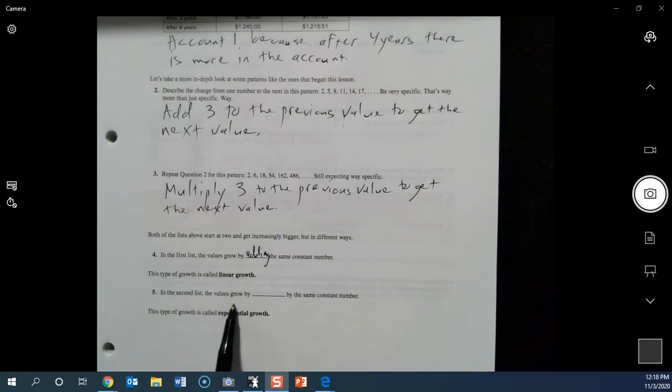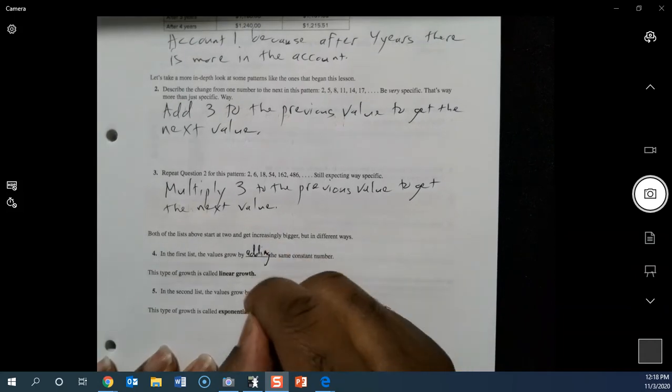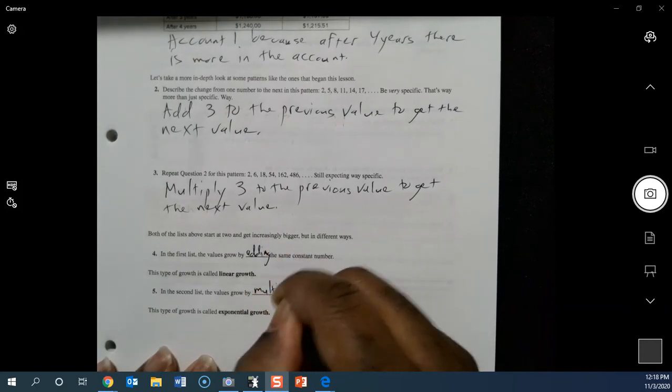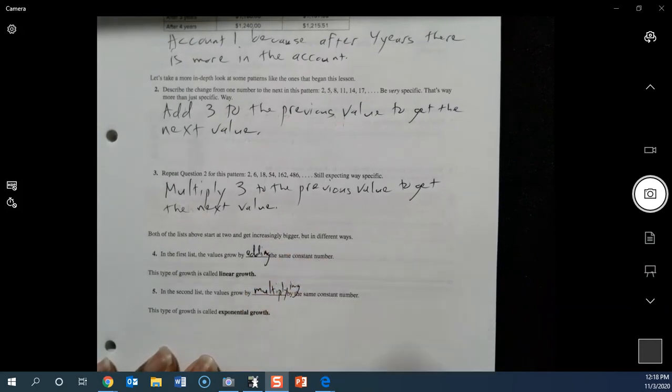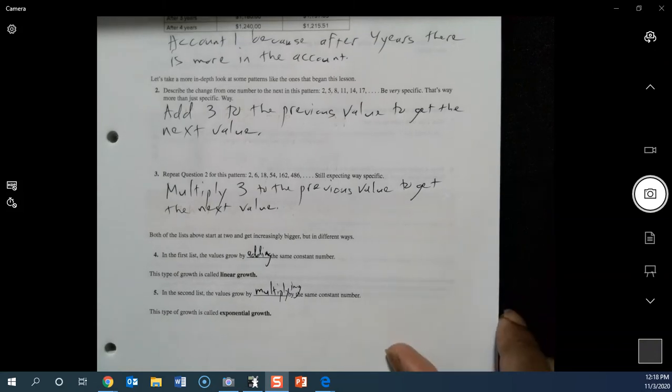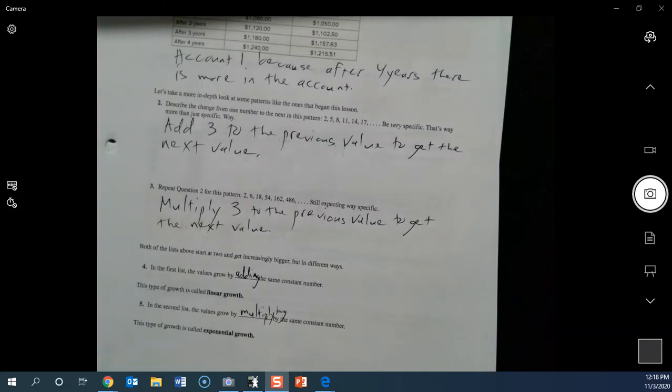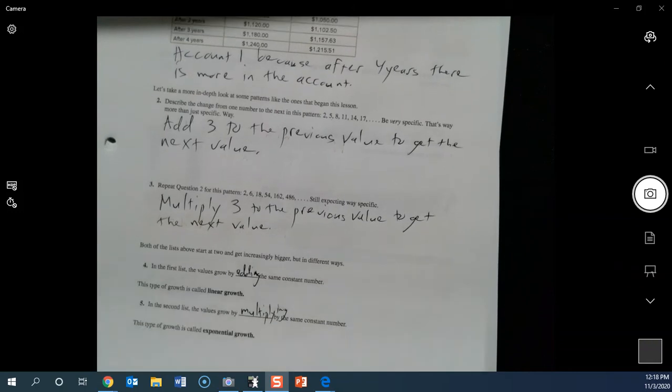In the second list, the values grow by multiplying by the same constant number. This type of growth is called exponential growth. Okay, so if you add by the same amount, it's linear growth. You multiply by the same amount, it's exponential growth.